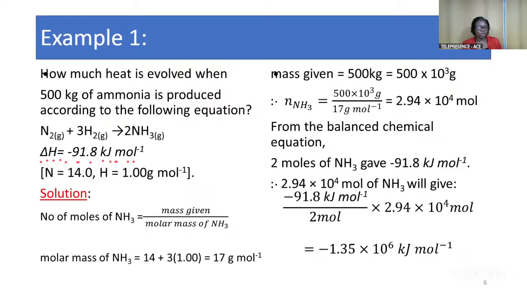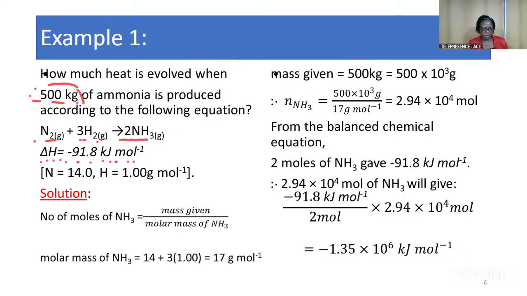So how do you solve this problem? It's very simple. The first thing you need to know is to bear in mind that this is giving you 2 moles, and the 2 moles you are getting from 3 moles of H2 and 1 mole of N2.